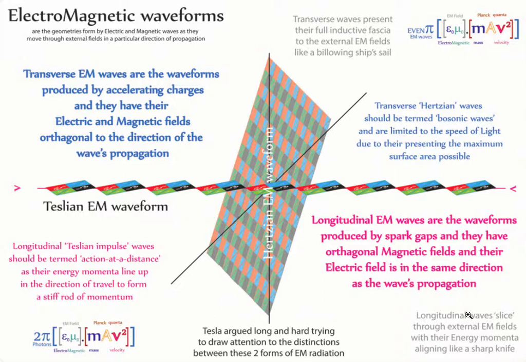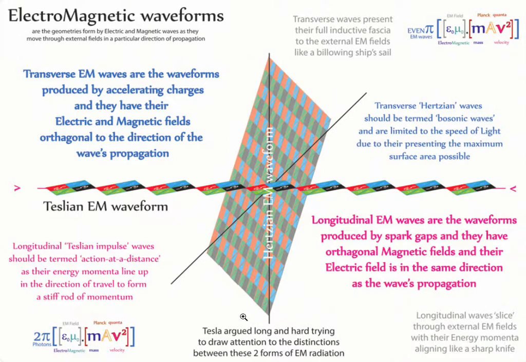In this case, the Hertzian or Maxwellian form, the transverse waveform, is the form that you see in the center of the page, where the M field is in the horizontal direction of the axis, and the E field, and the linear momentum obviously, is in the vertical direction.